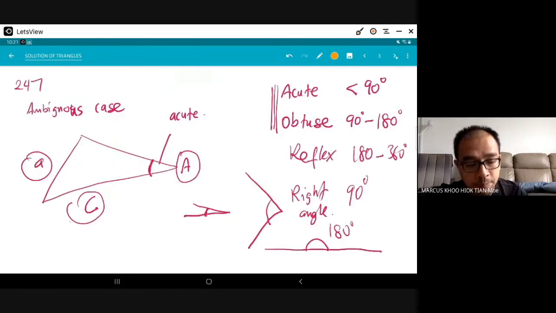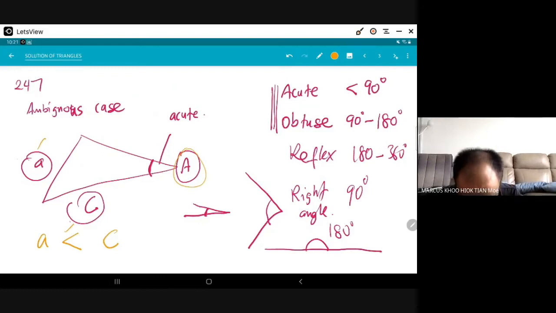The book here says, first you have two sides and then an angle over here. Look at the second condition. Look at B. The side which is opposite the non-included angle is shorter than the other side. That means A must be shorter than C. The length of A must be shorter than C, and it is longer than the height of the triangle. So this is the height of the triangle.